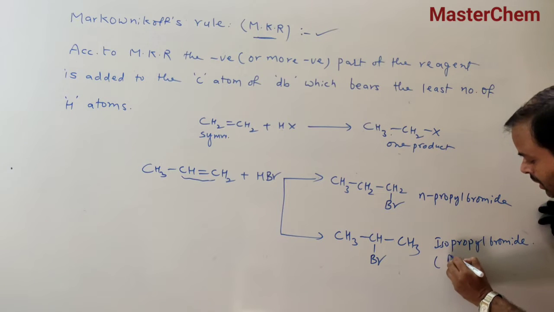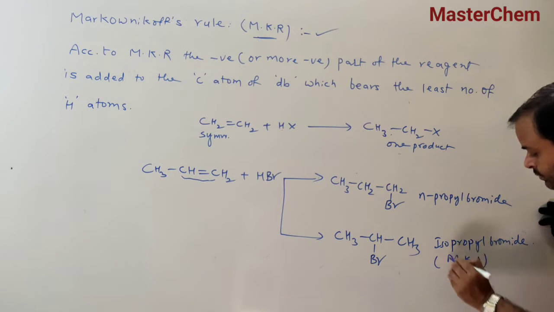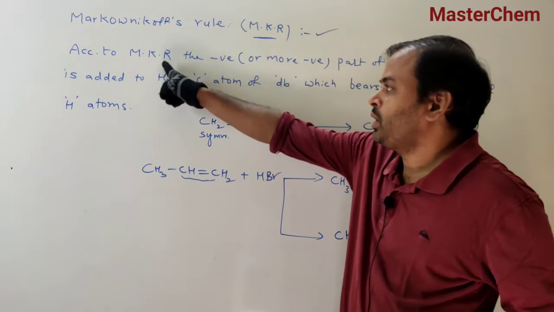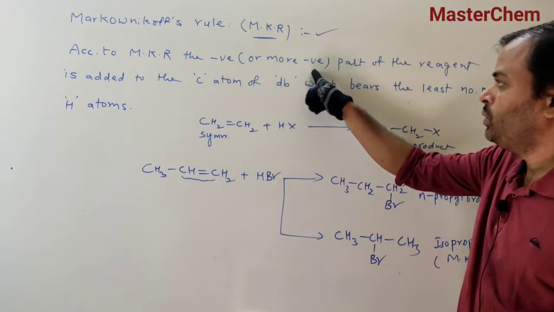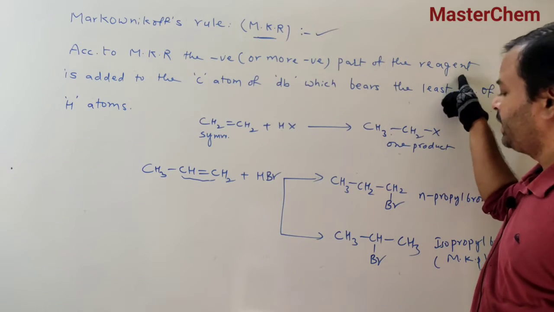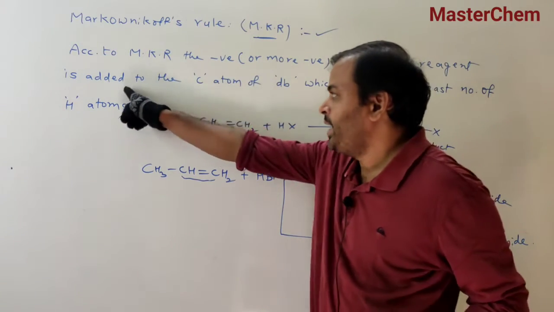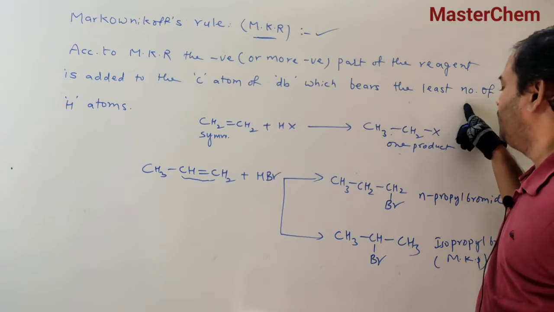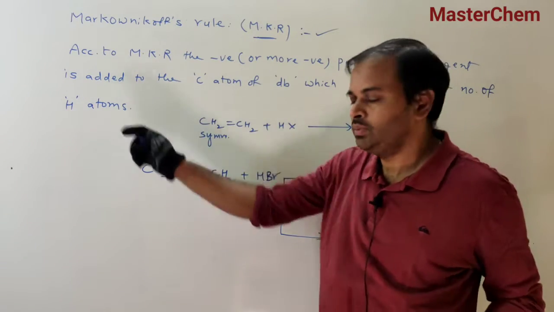This is the Markovnikov's product. What is Markovnikov's rule? According to Markovnikov's rule, the negative or more negative part of the reagent is added to the carbon atom of the double bond which bears the least number of hydrogen atoms.